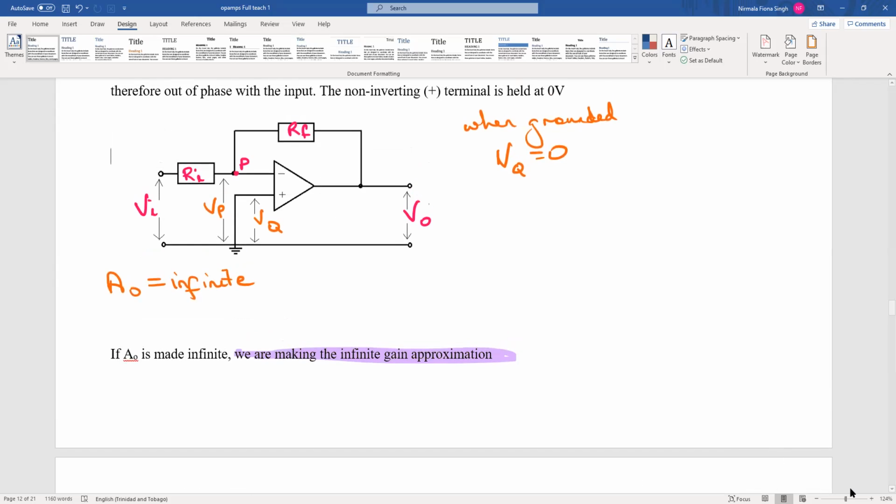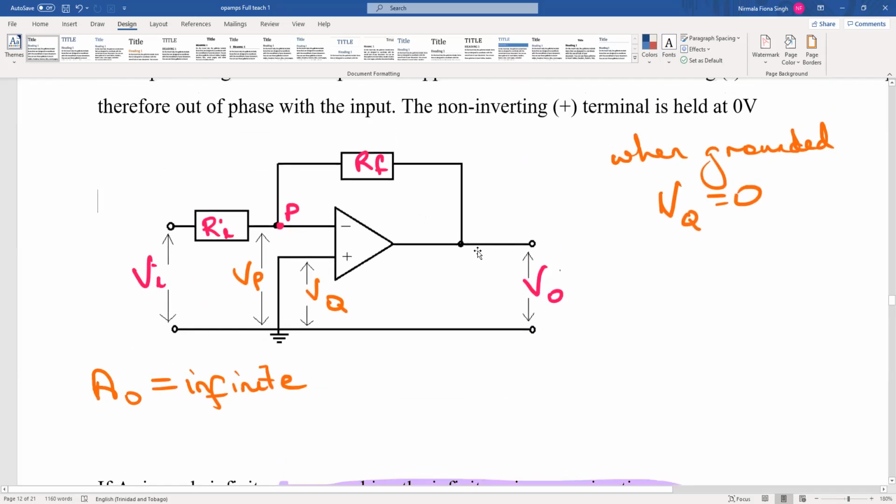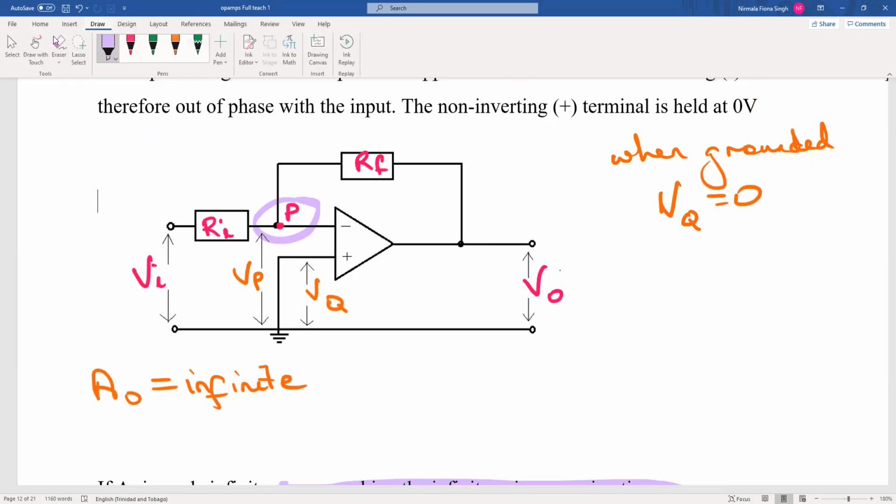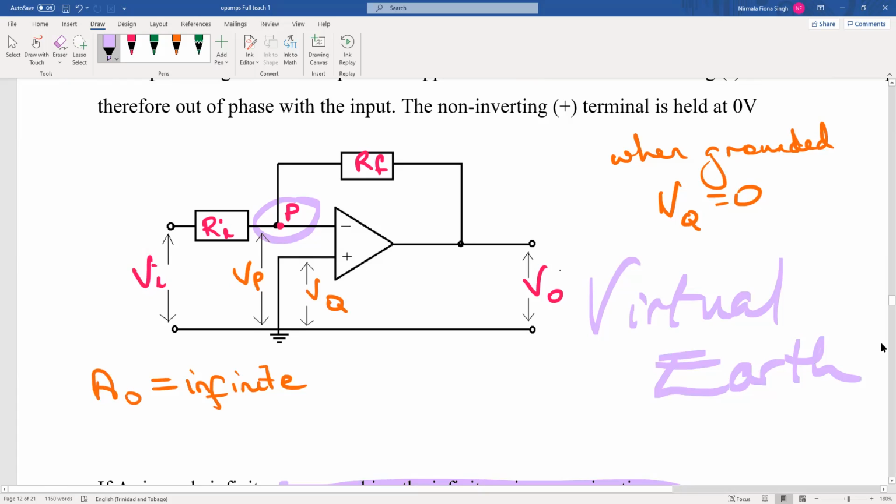Why would VP be equal to 0? Because I see my input voltage and then I see my voltage here after the resistor, and this voltage is so small that we end up getting 0. P forms something that we call virtual earth. What is the value of voltage at earth? 0. That means it's at 0.